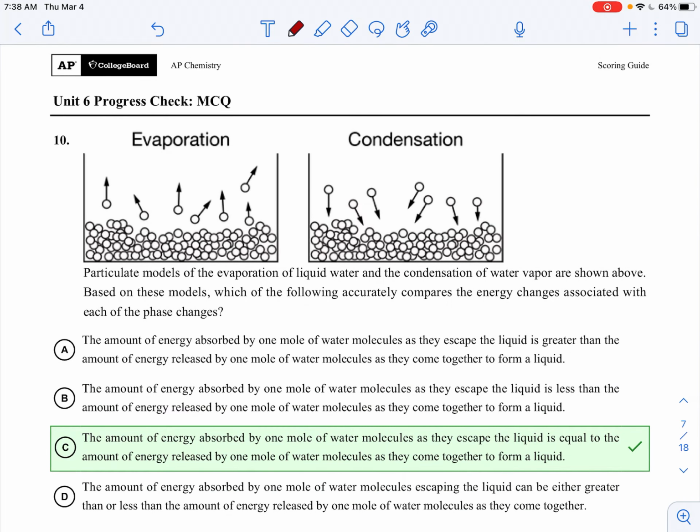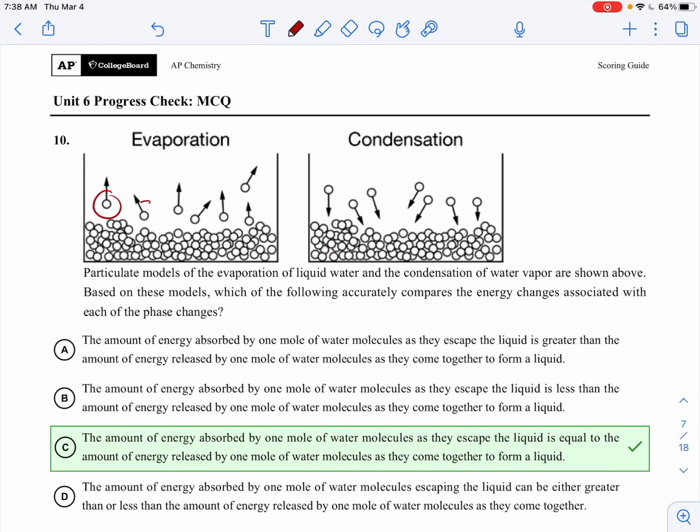Okay, number 10. It says particulate models of the evaporation of liquid water and the condensation of water vapor are shown above. Based on these models, which of the following accurately compares the energy changes associated with each phase change? So we have evaporation. So remember that evaporation absorbed enough energy to break free from the liquid, and then condensation released enough energy to condense back into it.